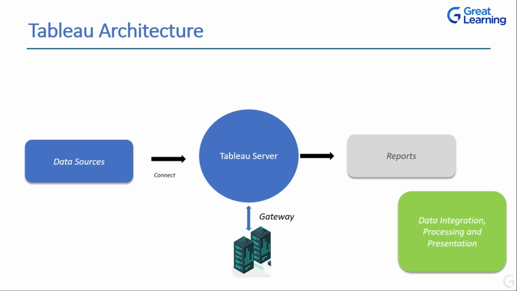Then you process it. If required, you'd clean it. You would transform this data and then use it for visualization to present the meaningful information that you're trying to present out of this data. So that is what Tableau architecture is in a nutshell. Let us now go ahead and discuss some of the other pointers.